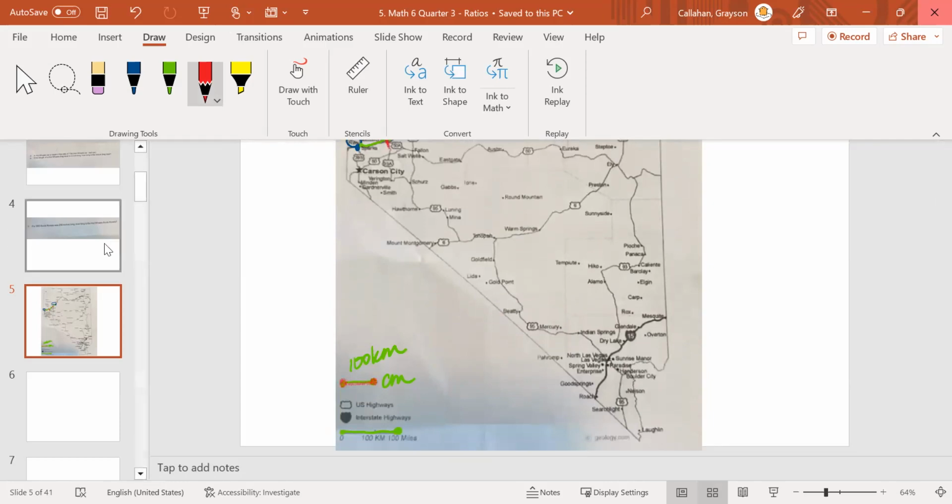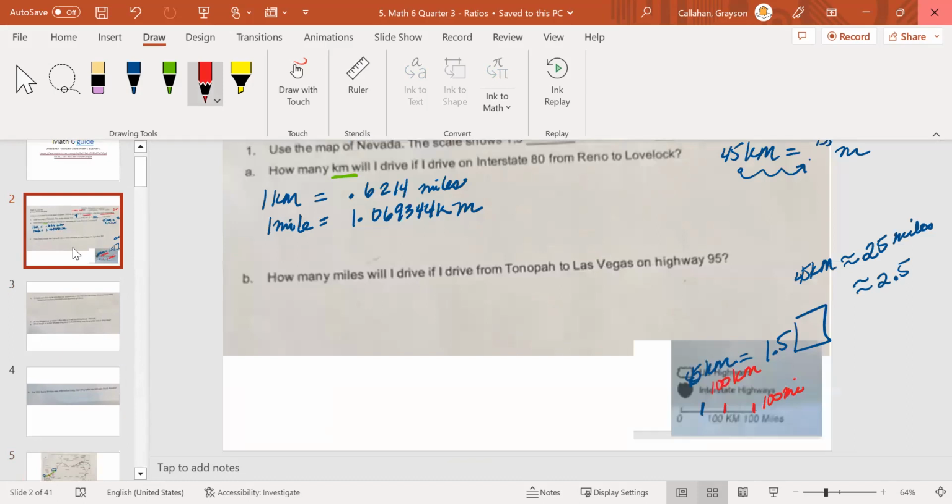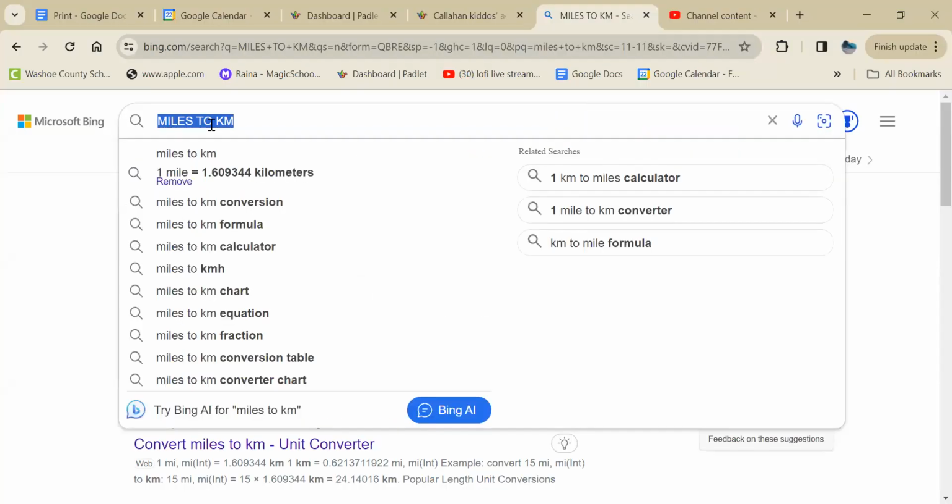Do you see that? So I would just say maybe approximately 300 kilometers.